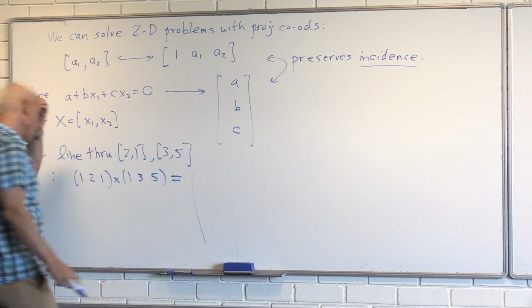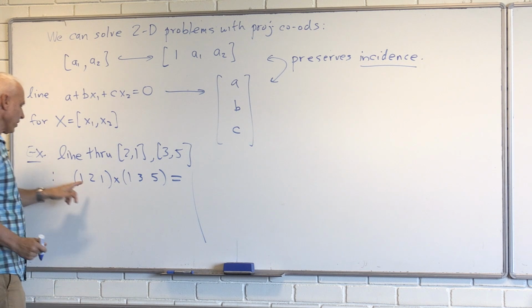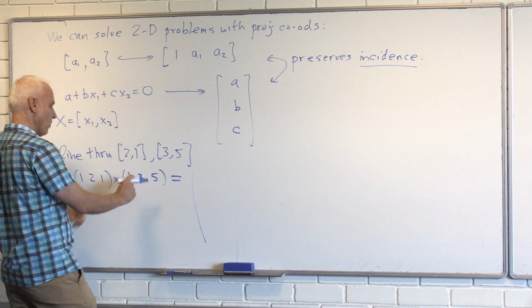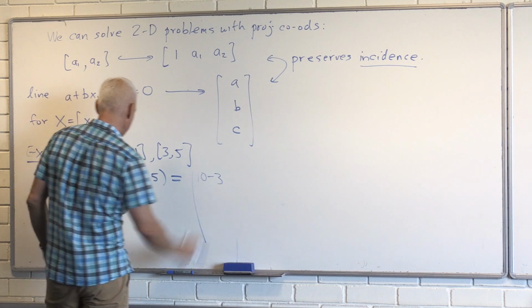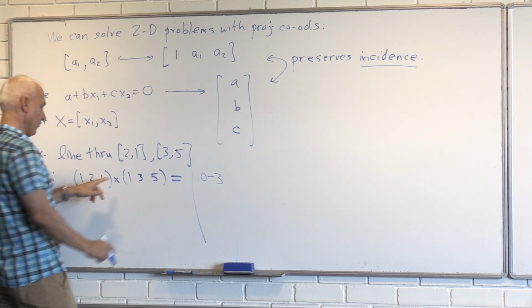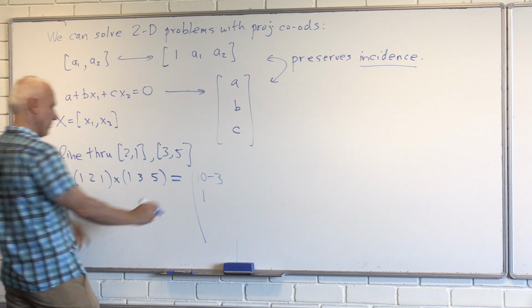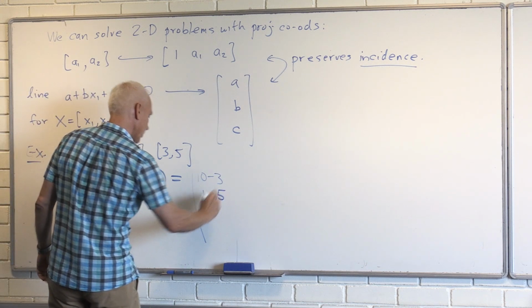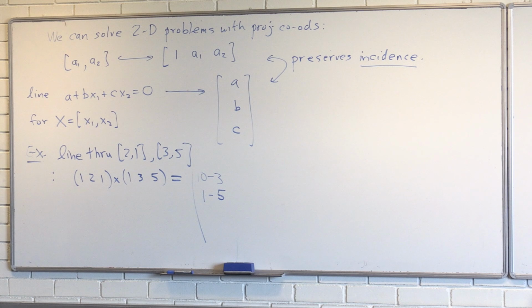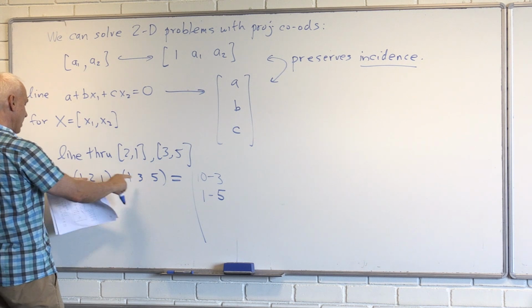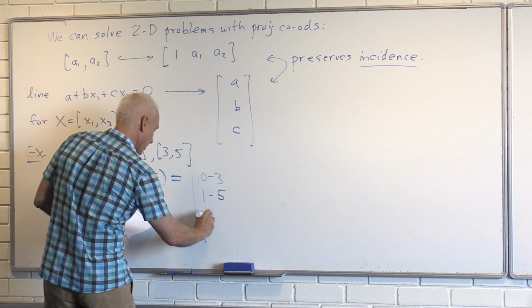So how does that go? It's like a cross product. There's a 2 times 5 minus 1 times 3, so 10 minus 3. And then there's a 1 times 1 minus 1 times 5. Check it, it's a silly error here. Okay, that seems to be right. And then the last one is 1 times 3 minus 2 times 1, which is 3 minus 2.